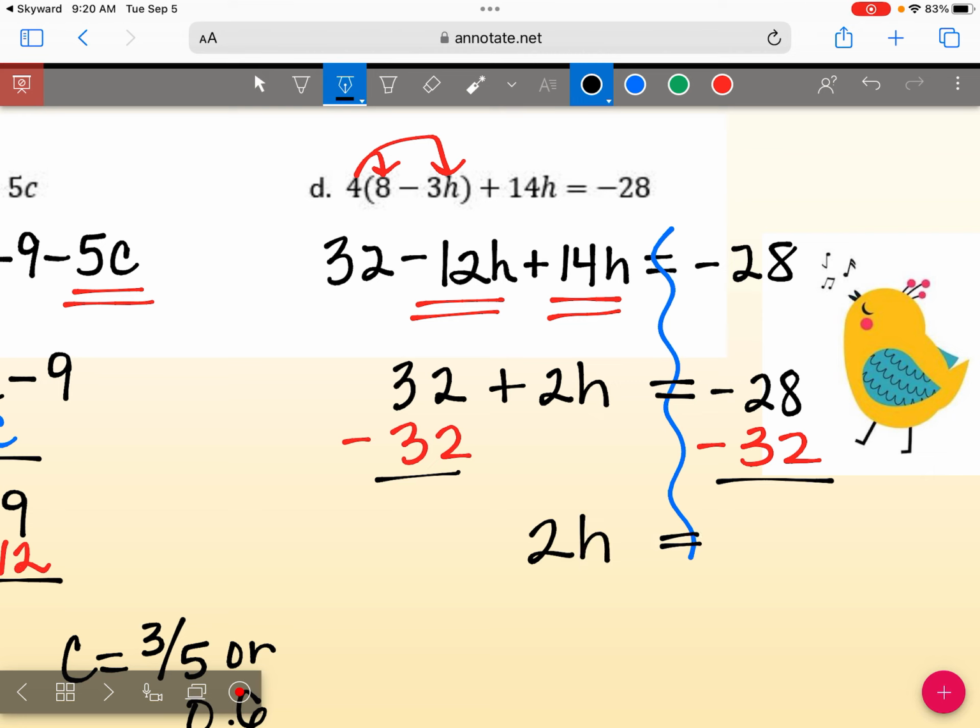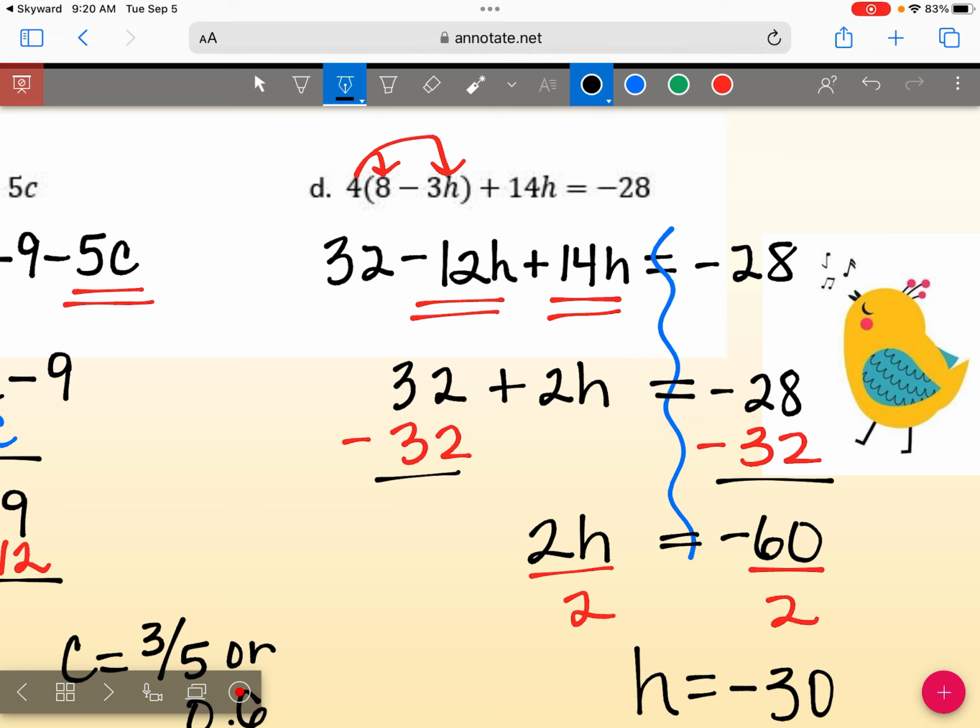You should get negative 60. So now what do I need to do to get rid of that 2 in front of the h? Divide it. So h equals negative 30. So if you had negative 30, you had the correct answer. I agree with that number.